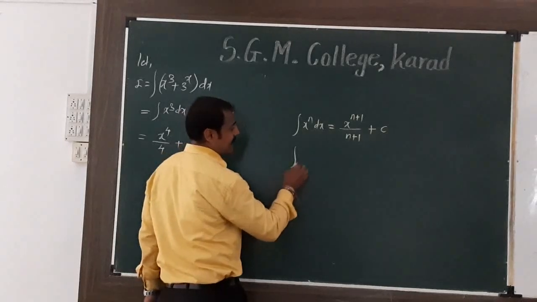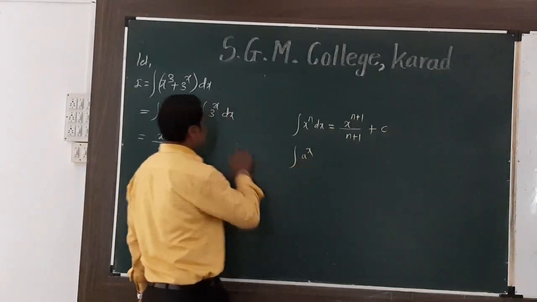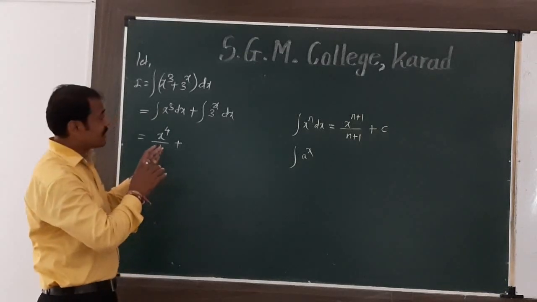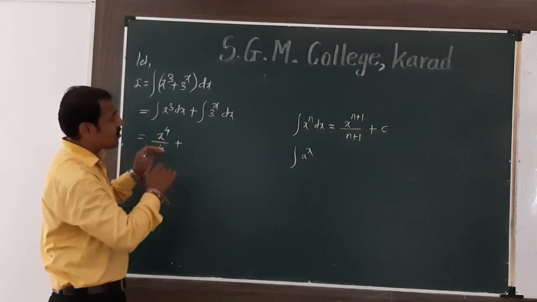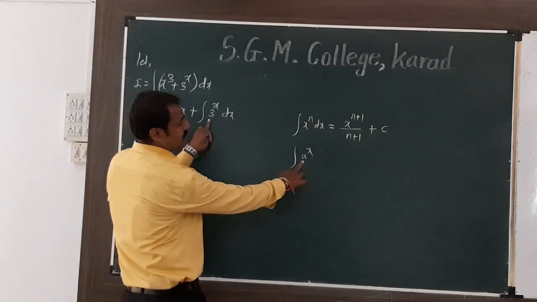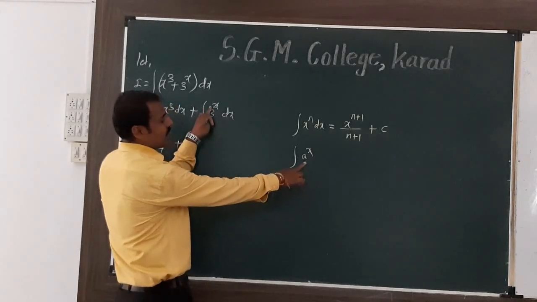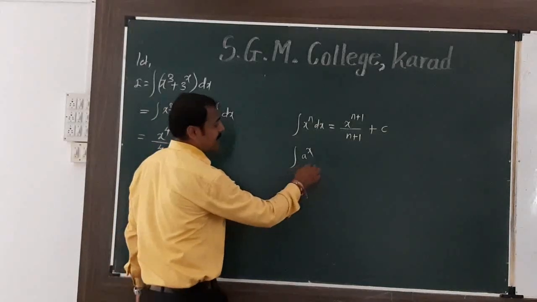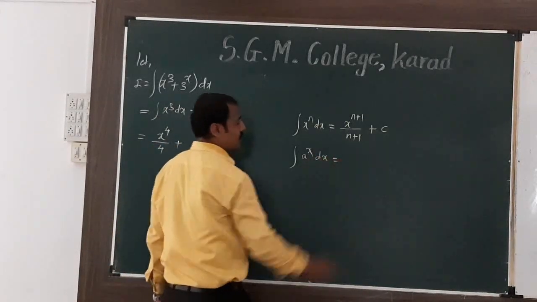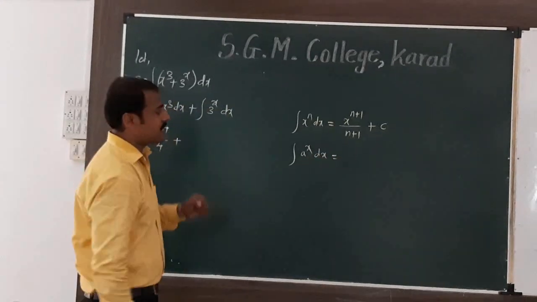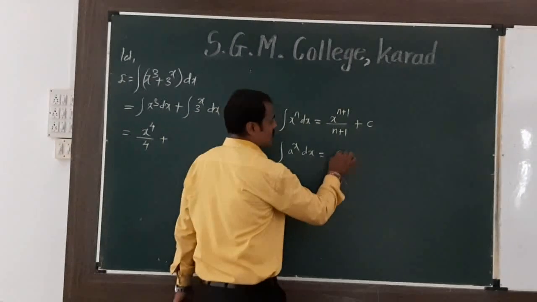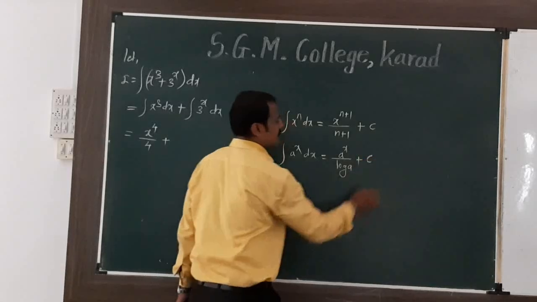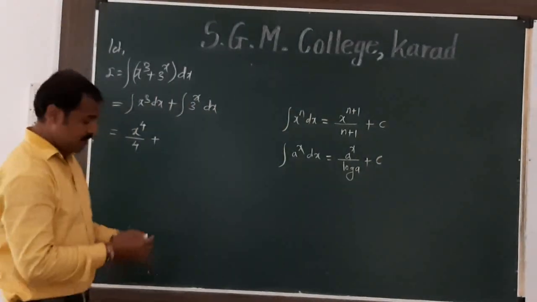We know that in integration of a raised to x, here 3 is constant, which means the base is constant and the power is variable. So using the formula, integration of a raised to x dx is equal to a raised to x divided by log a plus constant of integration c.